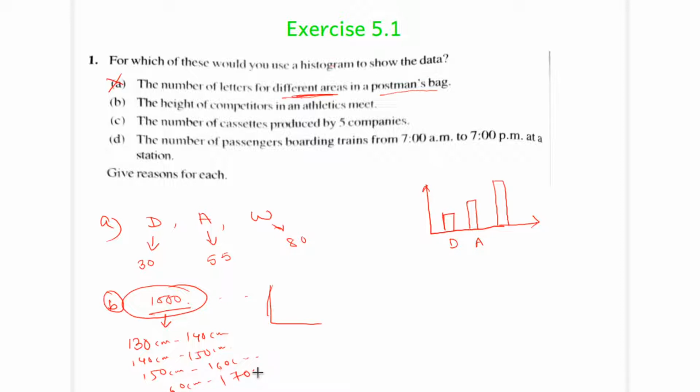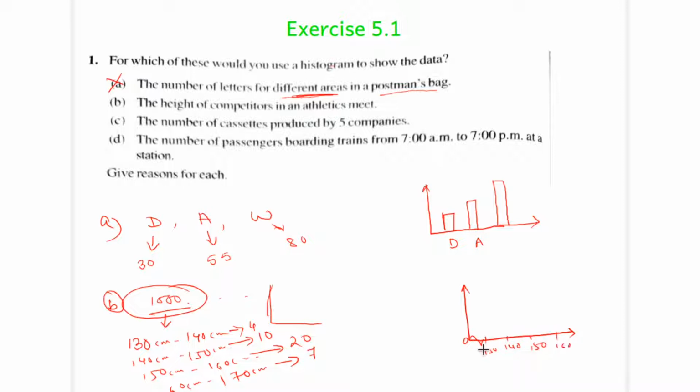Suppose in this group there are 4%, here 10, here say 20, and here again 7. These data are continuous data and we can represent them on graph paper. Say from here it starts, 130, here 140, 150 and 160.